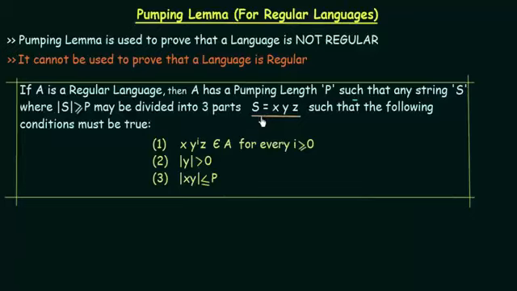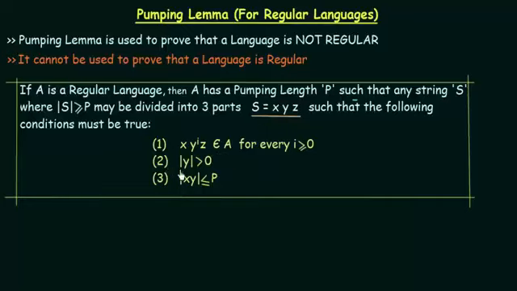That means you have the string S divided into three parts, X, Y, and Z. The first part X and the last part Z we keep as they are, and the middle part Y may be any sequence of symbols. If you repeat this middle part Y any number of times, i greater than or equal to 0, then the string that you obtain must also belong to the language A.